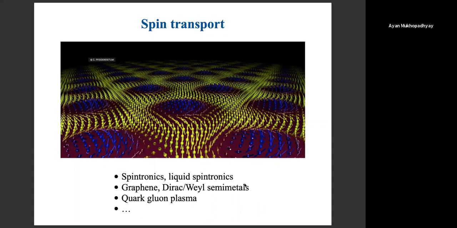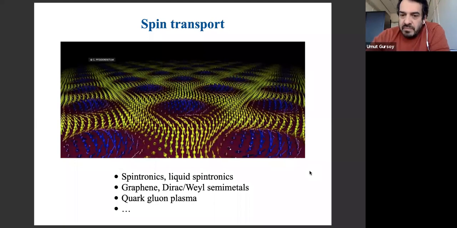Of course, the transport of spin degrees of freedom is also playing some important role in astrophysics, in neutron stars, in magnetars, even in neutron star mergers, where we describe the post-merger phase by evolution of hydrodynamics coupled to GR, and there spin transport can also play some interesting role.